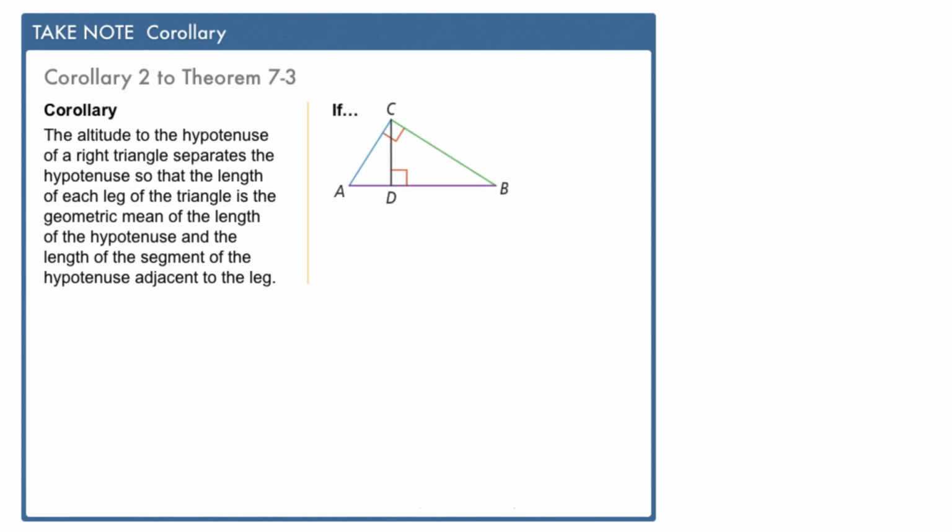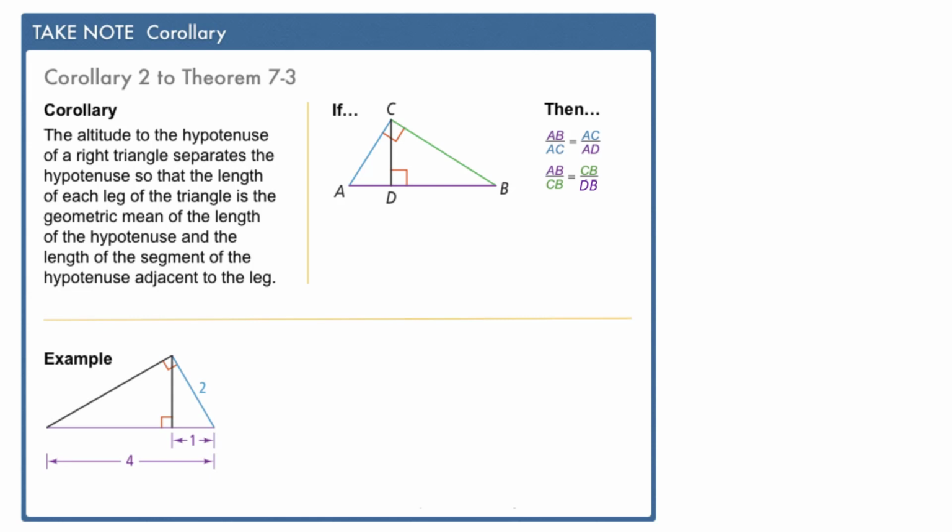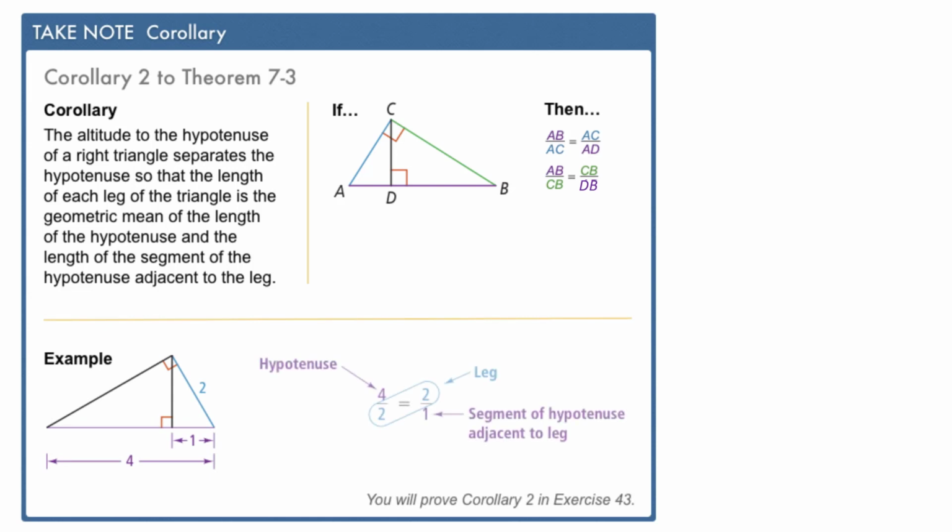So, given this diagram, AB over AC equals AC over AD, and AB over CB equals CB over DB. For example, given this diagram and the measurements shown, we can form the proportion at the right where we can identify the hypotenuse, the segment of the hypotenuse adjacent to the leg, and the leg length as shown.